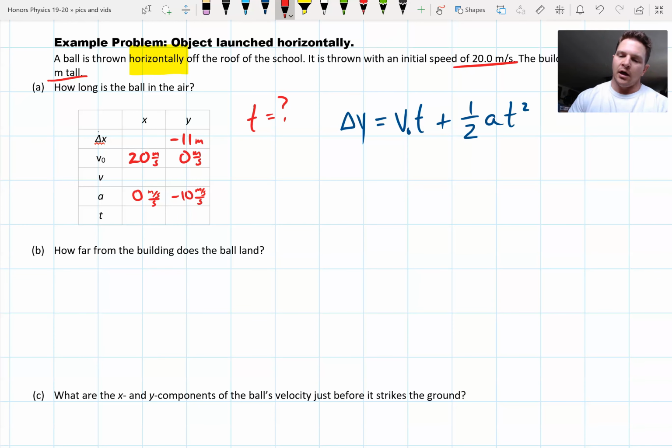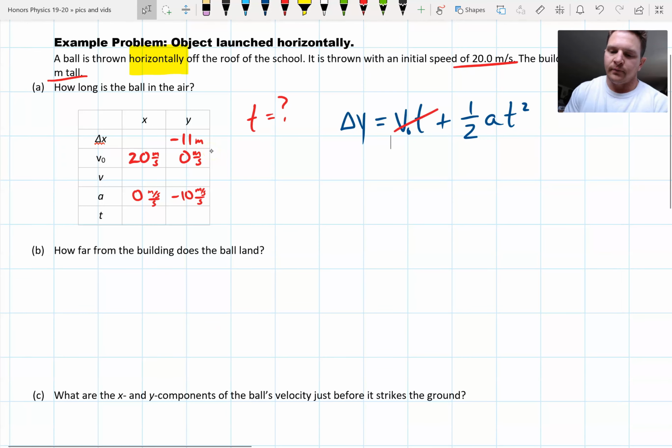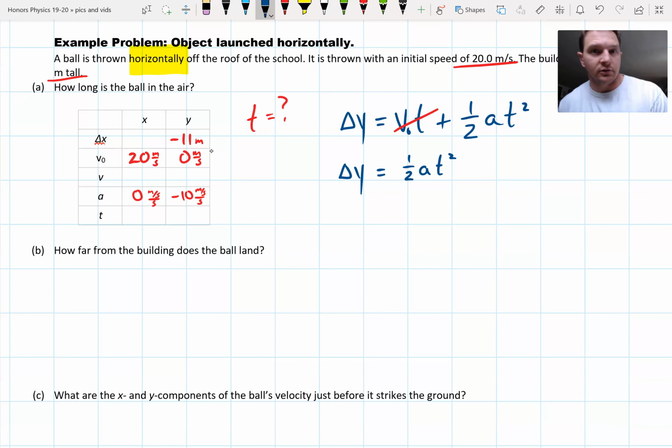A couple things happen. The initial velocity in the y is 0, so that term goes away, and we can rewrite it real quick. Now it just becomes plug and chug. Do a little math, solve for t.